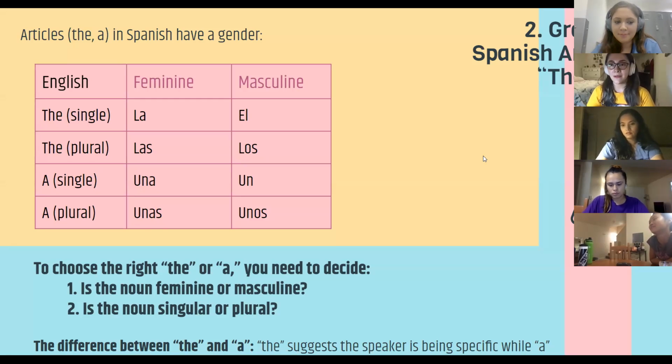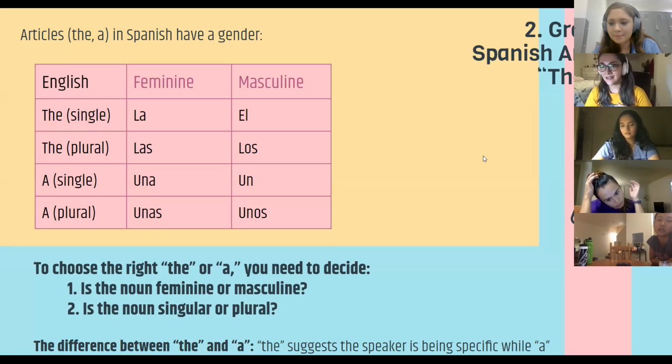For example, if we're going to say the chair, that would be la silla. You can see with this table, the becomes la. And silla ends with an A, so you know it's feminine, and that's why we say la silla.